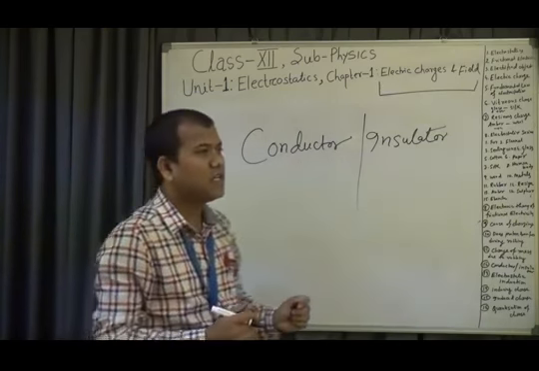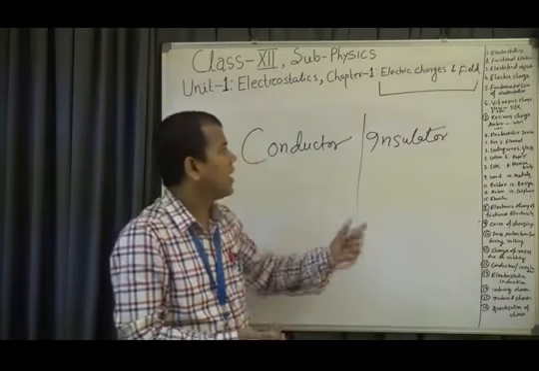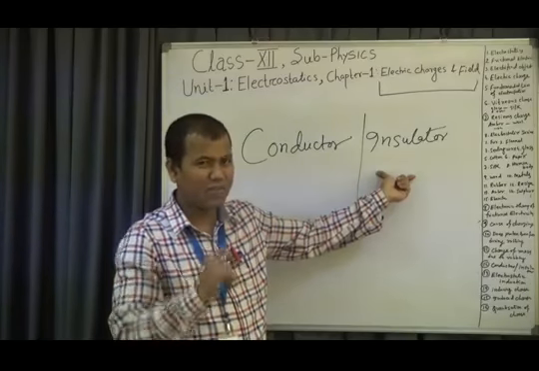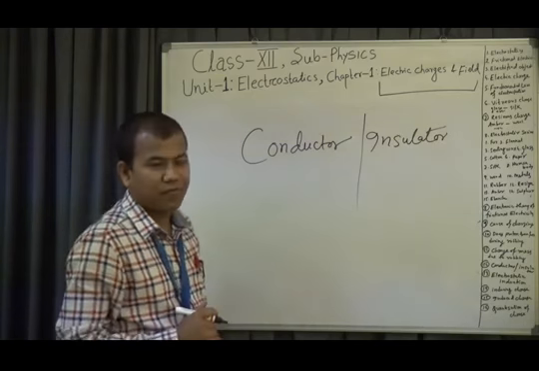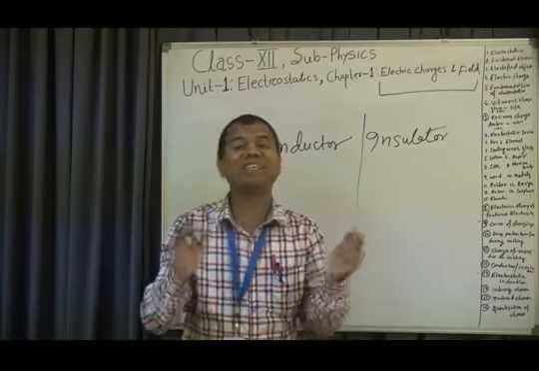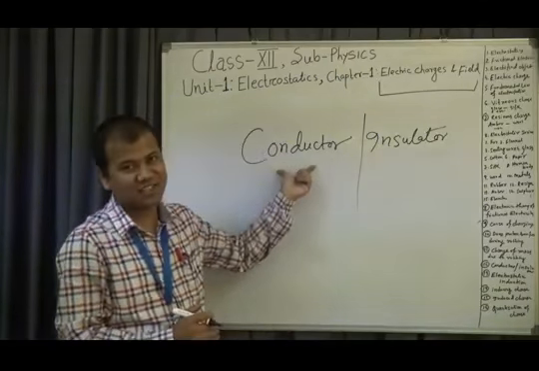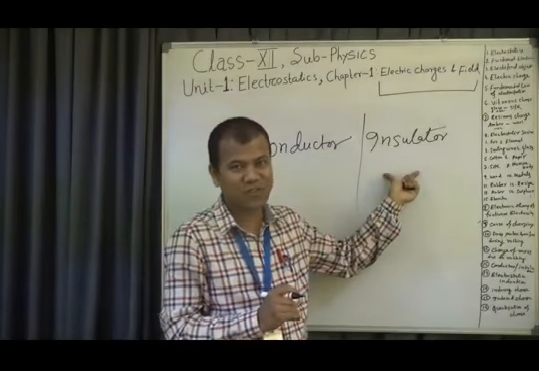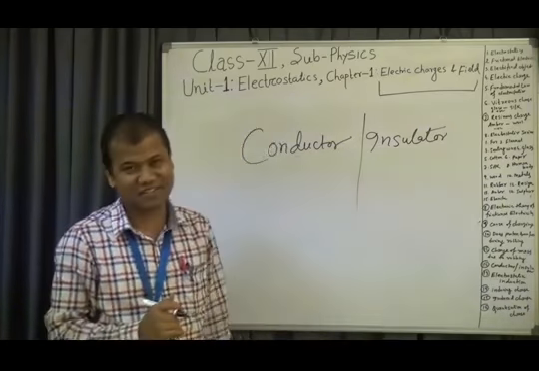Conductor means the substances which can conduct charges, and insulator means those which cannot conduct charges. That is the lower level concept. But what about the class 12 concept? Conductor means the objects having valence electrons in their outermost shells, they are said to be conductors. And the objects having no valence electrons in their outermost shell are said to be insulators.